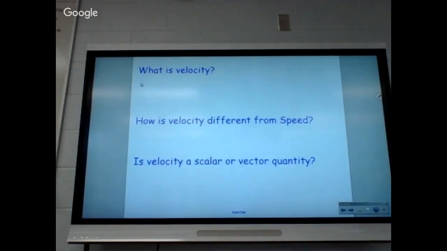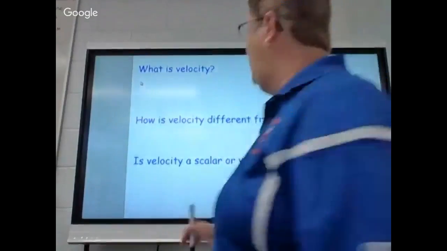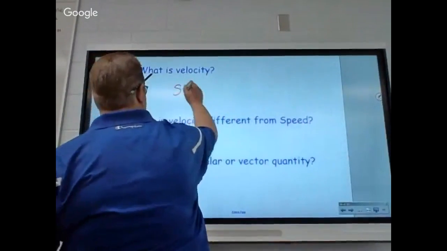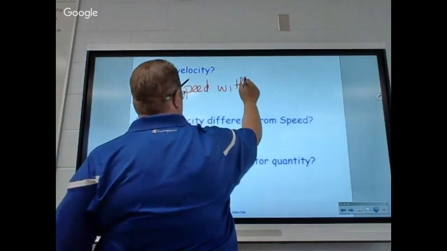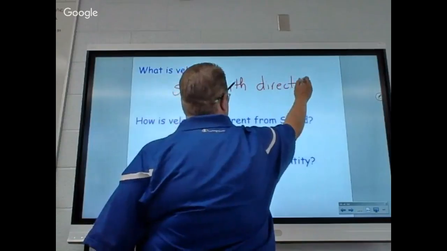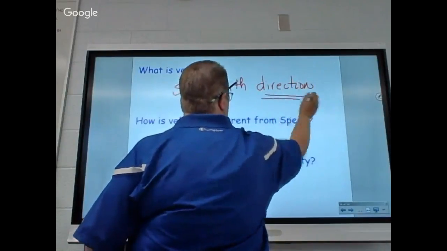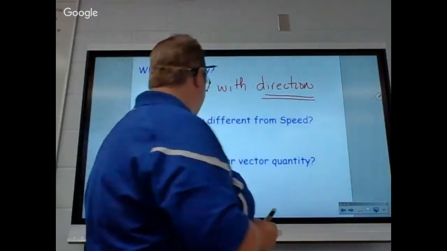Now, this is a word most of you have probably heard before. Velocity is defined as speed with direction. Okay, it's speed with direction.